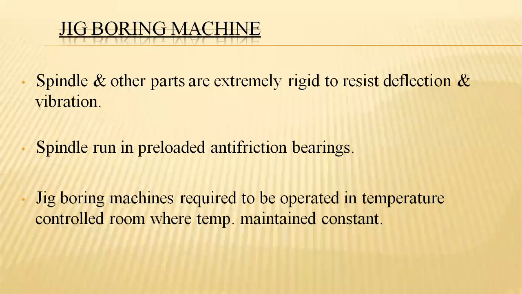There's one advantage with this jig boring machine: it has the capability of operating even in a temperature-controlled room, which is maintained at a constant temperature range, and nominally with respect to the pressure and the volume in different mediums, gaseous or liquid, which makes for perfect blending operational strategies in the chemical industries.